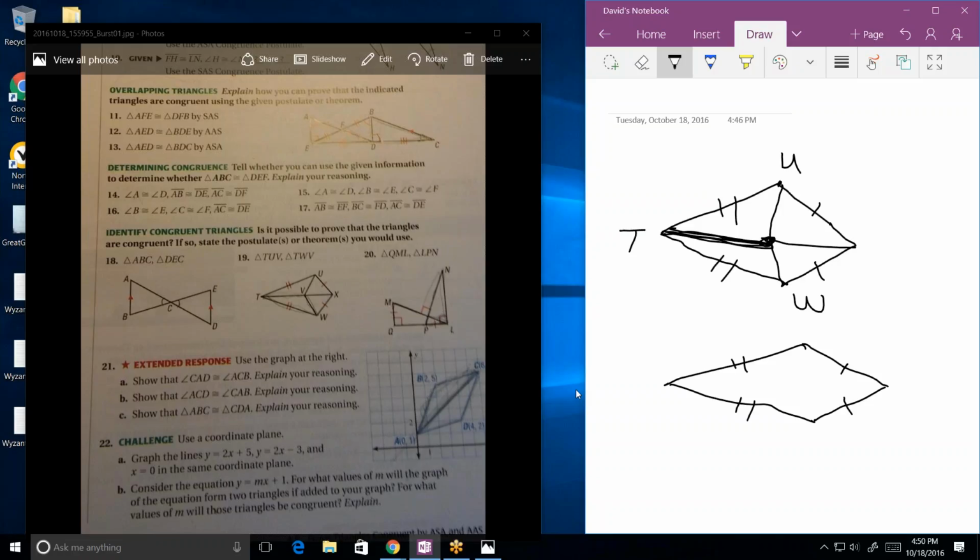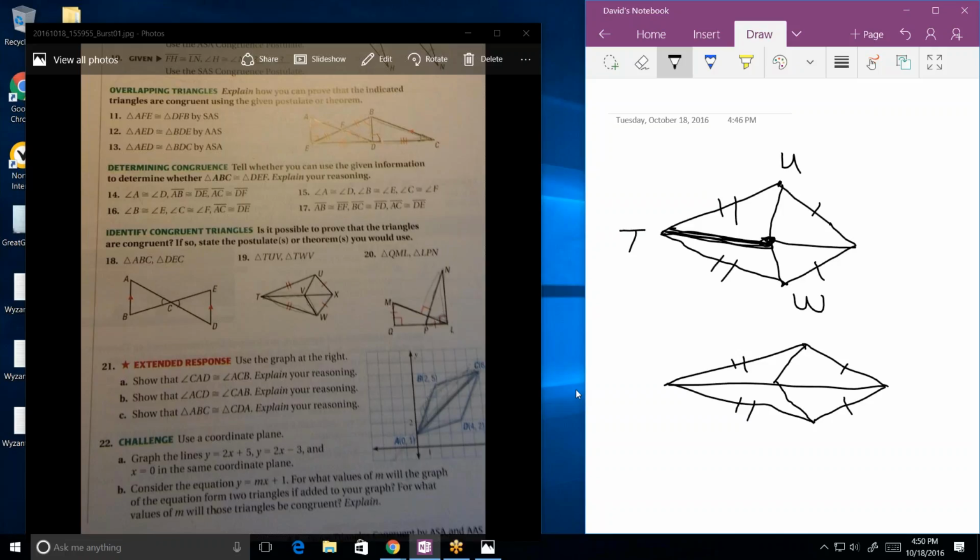And now, if I draw a middle line, is the top triangle congruent to the bottom triangle? Yes. Because of side, side, side, right? Correct? Yes. Okay. Well, now if I draw this into that, if the top triangle was congruent to the bottom triangle, it still has to be.